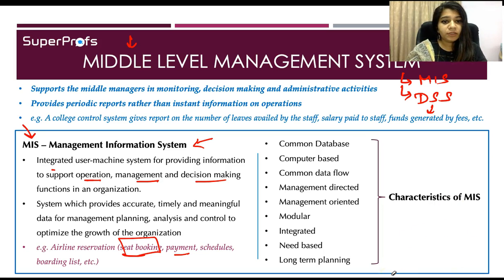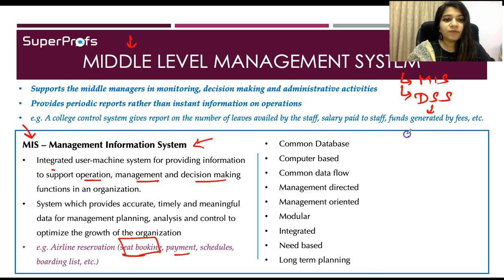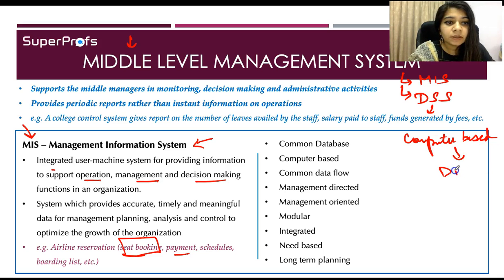How you need to remember these is, first of all, you need to say that okay, an MIS is obviously computer based. Okay, now if computer is there, then there has to be a database which needs to be common.